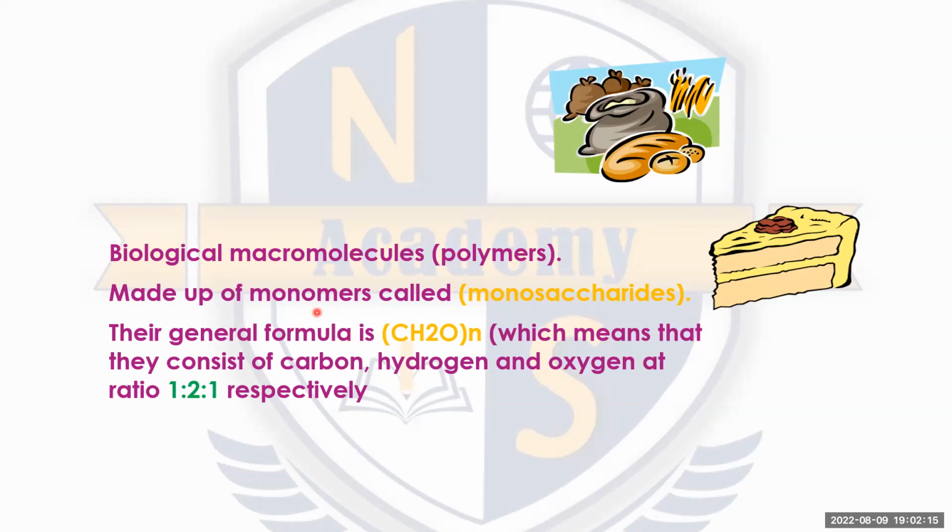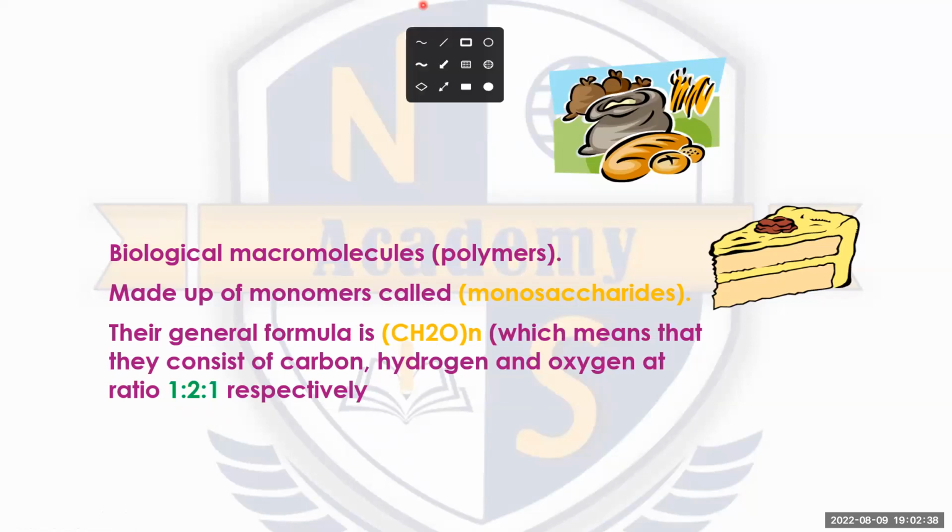But we have a constant ratio for these atoms. The ratio between carbon, hydrogen, and oxygen to form a monosaccharide is 1 to 2 to 1. What is meant by this ratio?